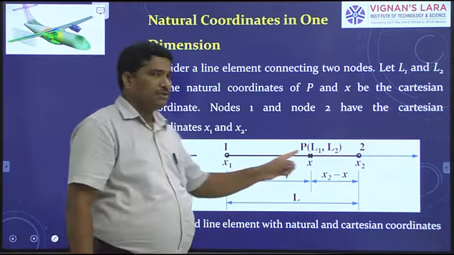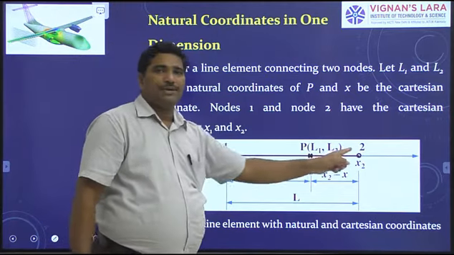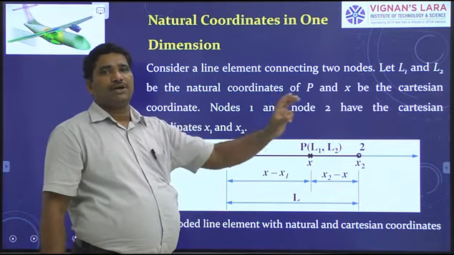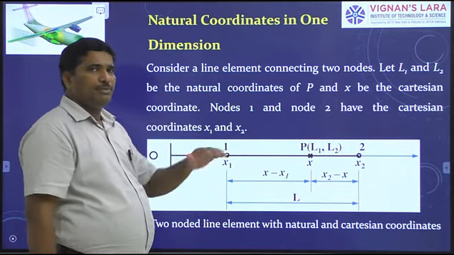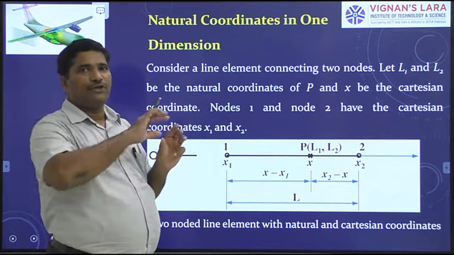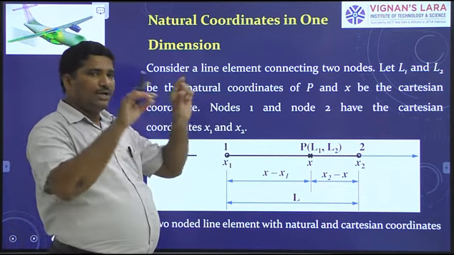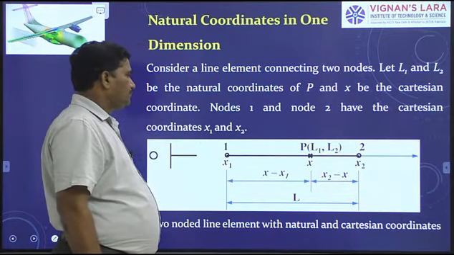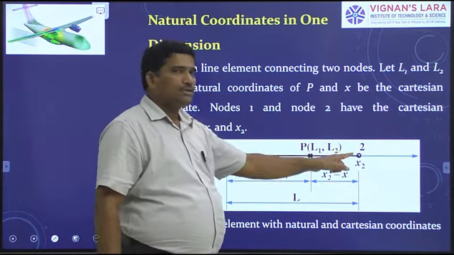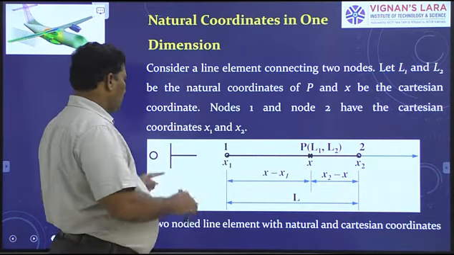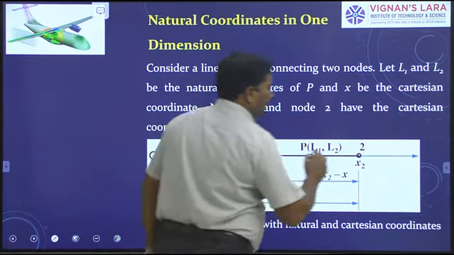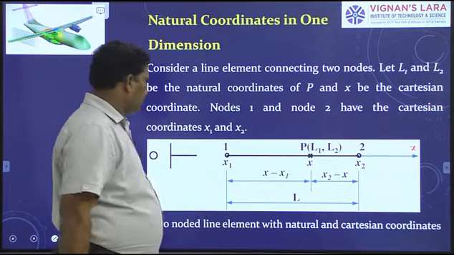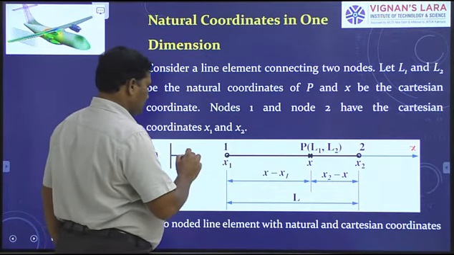Now, we take a one-dimensional member. What is the example? A bar of uniform cross-section, may be loaded in tension or compression. A one-dimensional bar we take. So now, this is node 1, this is node 2, where x is the global coordinate axis. Where is the origin here? O is the origin.